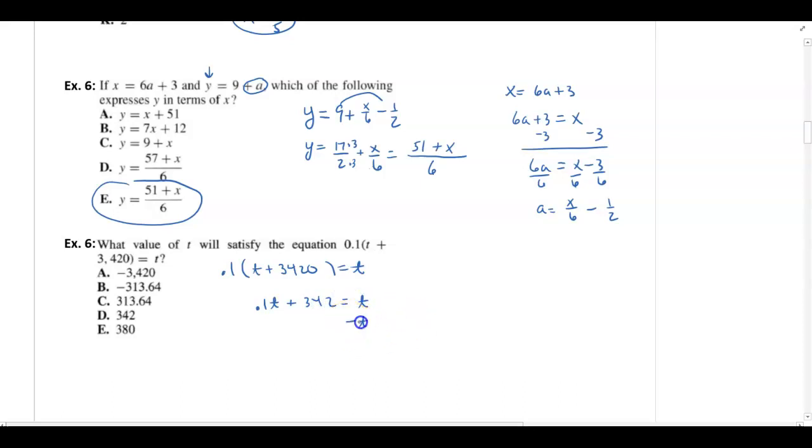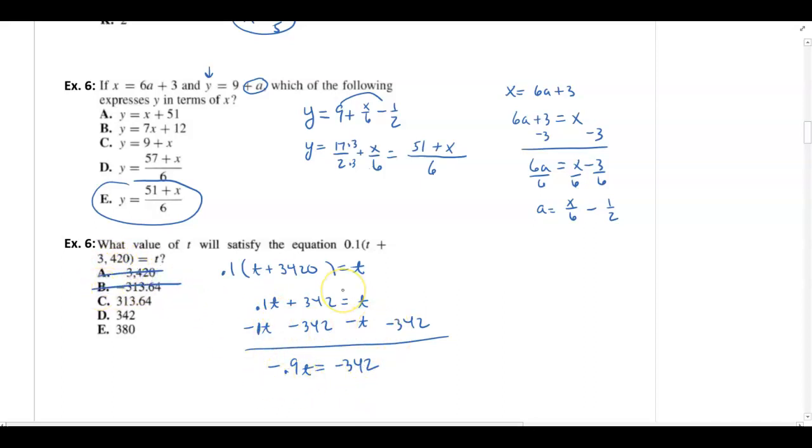Now, I'm going to subtract t from both sides, subtract 342 from both sides, and remember, this is the same as doing 0.1t minus 1t, right, which is going to give me negative 0.9t equals negative 342.